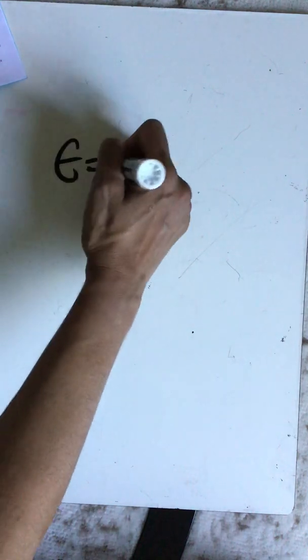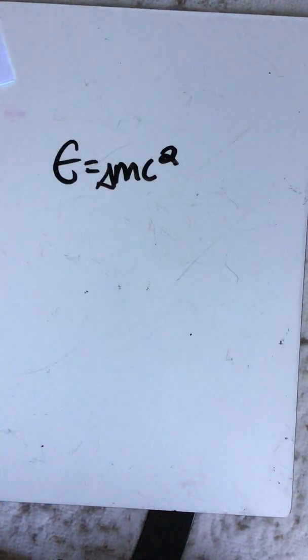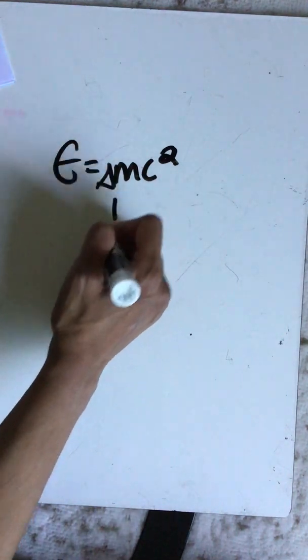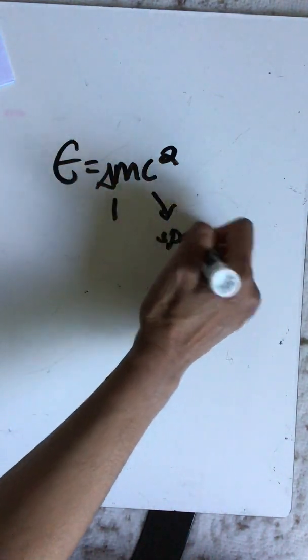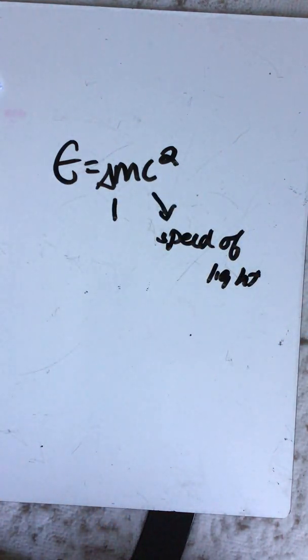Okay, today's last thing is going to be on E equals mc squared, which is my last equation, Einstein's equation. E is equal to mc squared, where m is the change in mass. This c squared is the speed of light, and that is given to you.